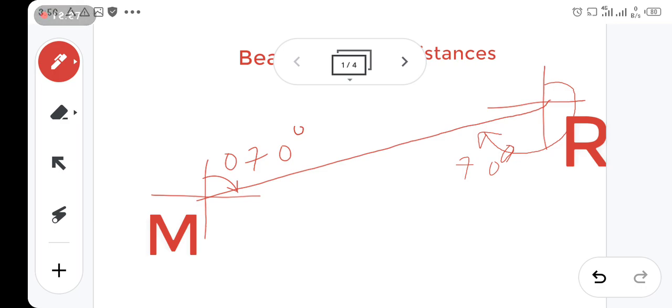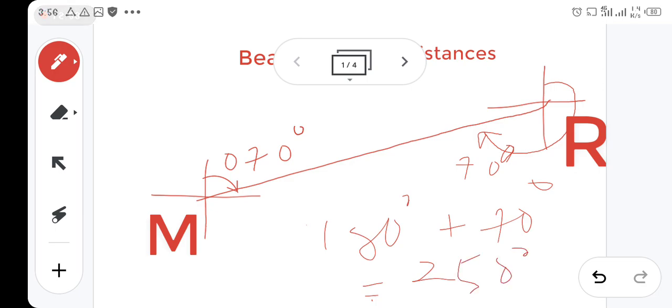Then we also remember from the north to the south is 180 degrees. So the bearing of Market Square from Ring Road, that is of M from R, will be 180 plus 70 degrees, which gives us 250 degrees.